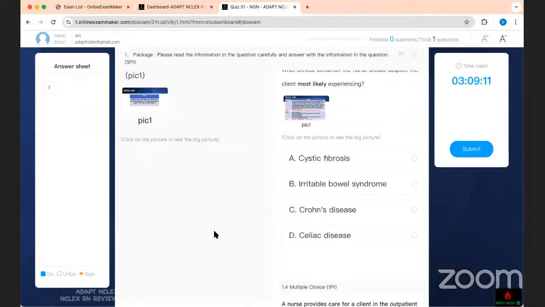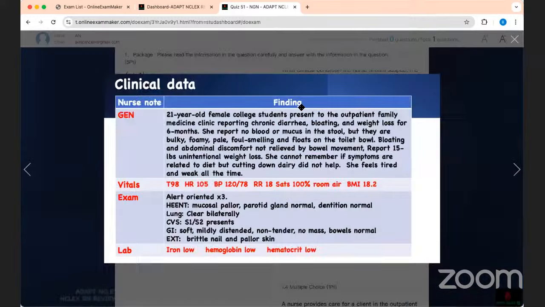Cystic fibrosis, I did not mention it. This is classic celiac disease. Young person, malabsorption symptoms, losing weight, anemia. You see, I give you iron, hemoglobin, and hematocrit all low. Yes, in Crohn's disease, because of bleeding, they have anemia.